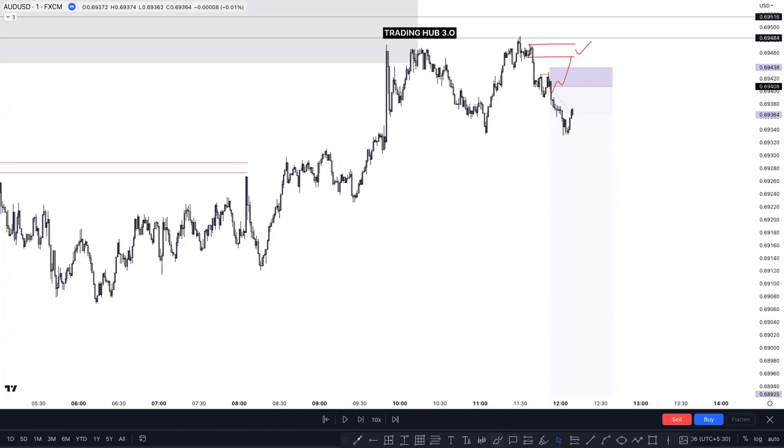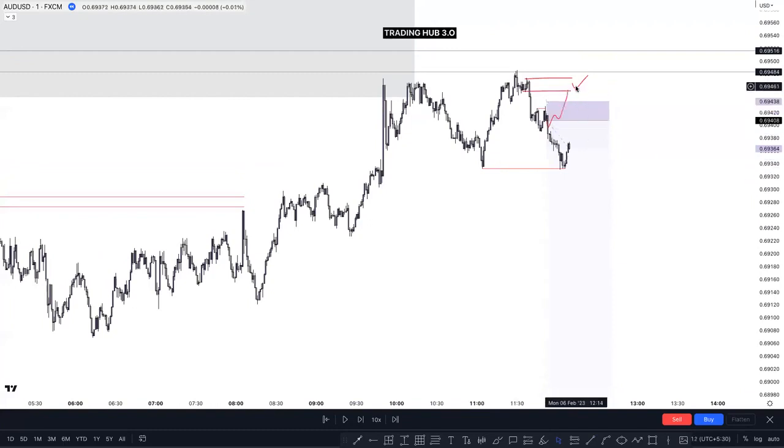All right. So this low is broken here. It just swept the low, so you can simply put your stop loss at break even, and in this case you can take one more entry here if the market taps your extreme order block, because this one is still valid for the sell.